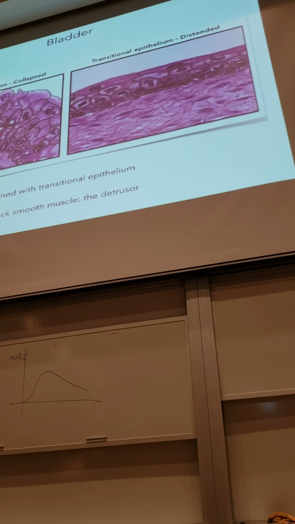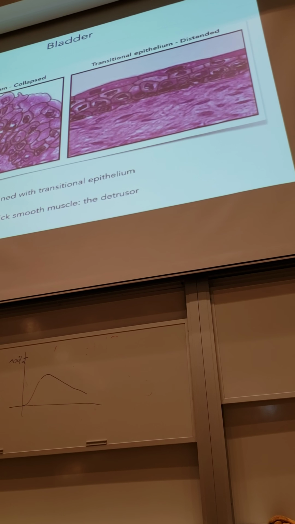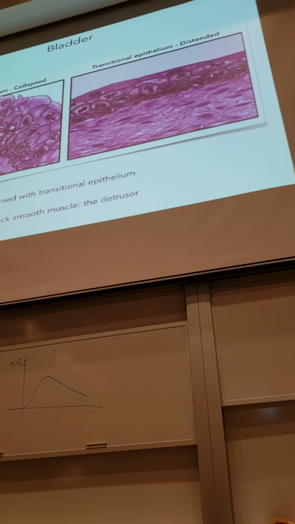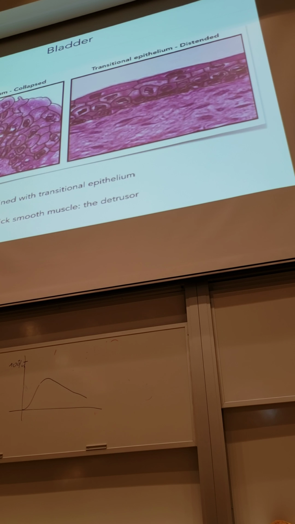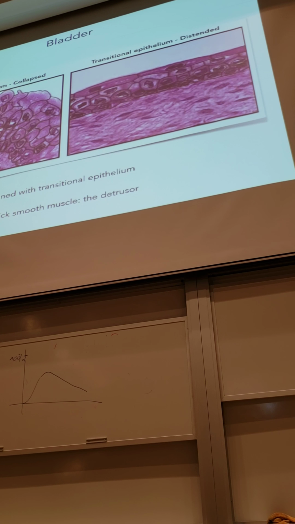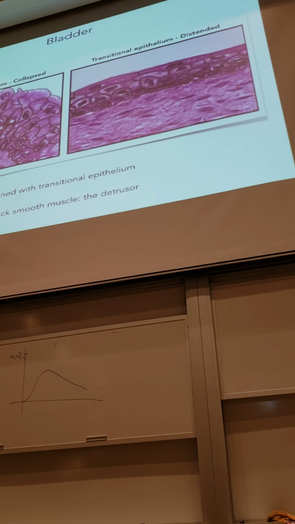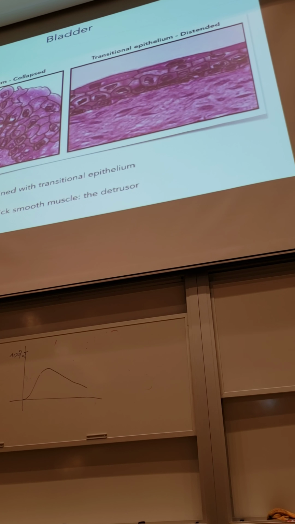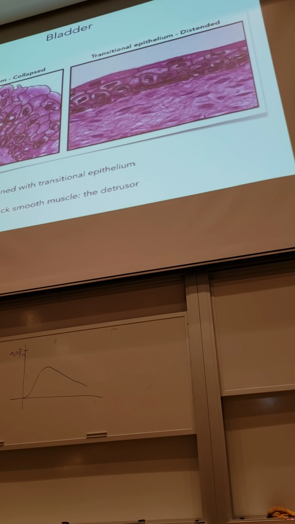The bladder itself has this unique transitional epithelium. The inside can be all bunched up like this on the left when there's very little volume, or when it stretches out, it reveals there's actually just a small number of layers. So these are transitional epithelium cells. If somebody has a bladder infection, you'll see transitional epithelium in the urine.